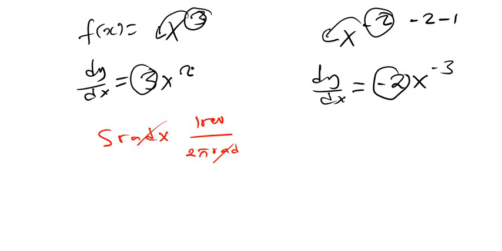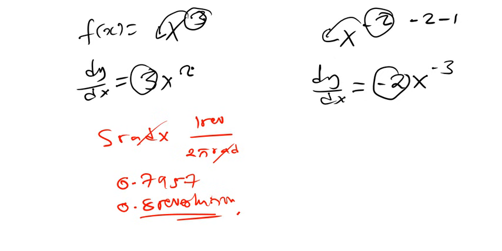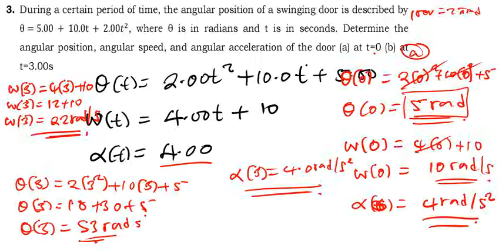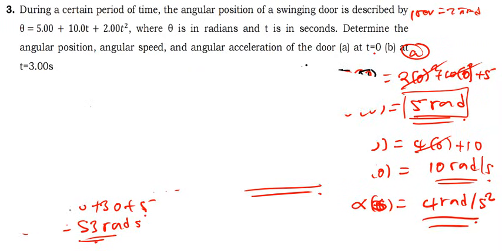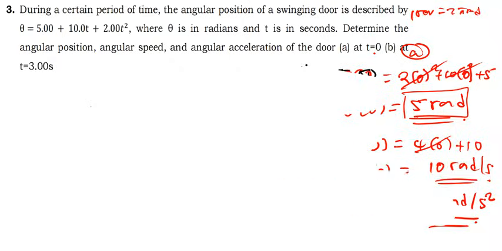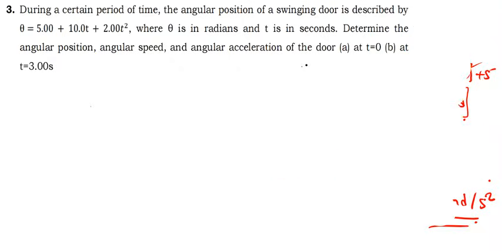You see 0.7957. If you round it off, this gives you 0.8 revolution. Circular motion is not something that is complicated, especially if you have got ideas of linear motion.